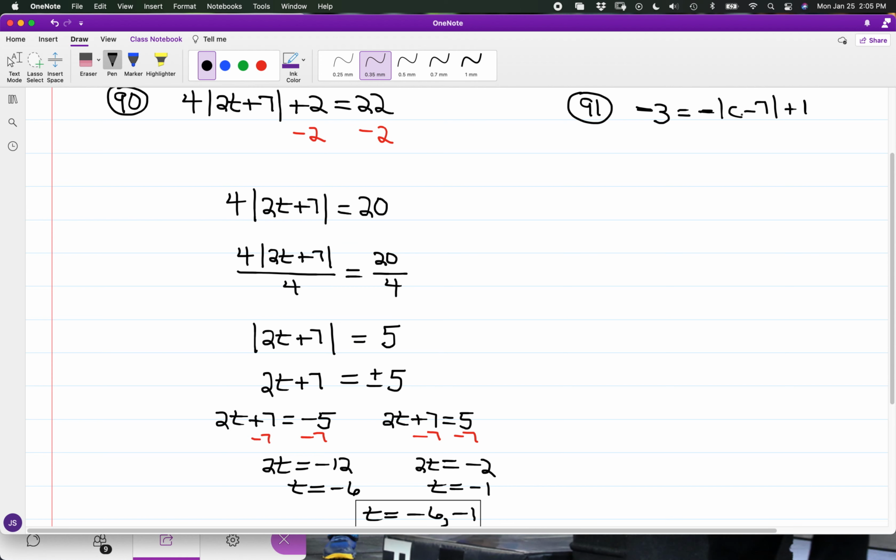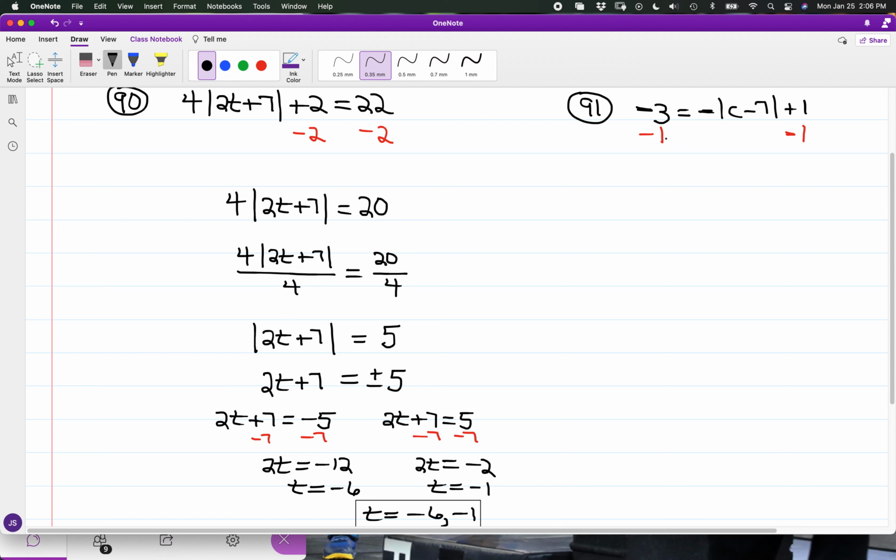And again, if I isolate the absolute value of c minus 7, I'm going to have addition to undo. Just like I undid 2, I'm going to undo 1.